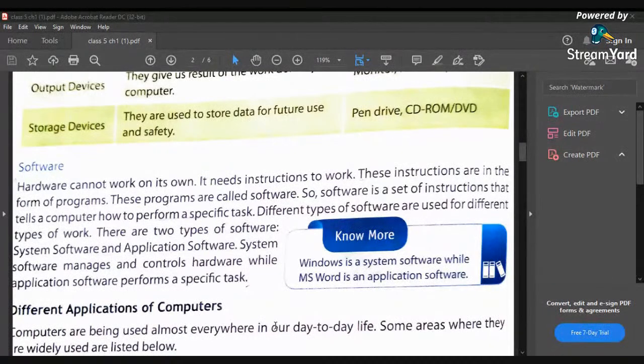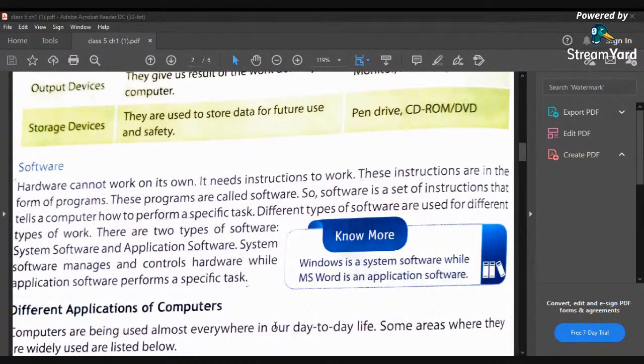That software is called system software, which is used to control the hardware.